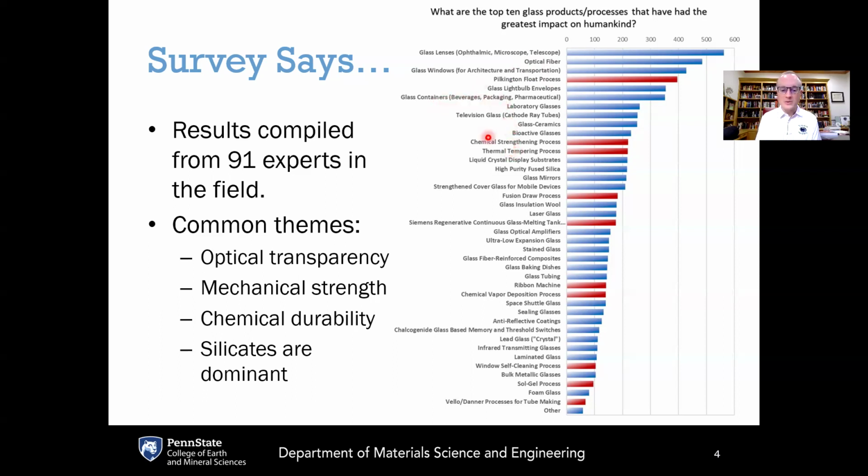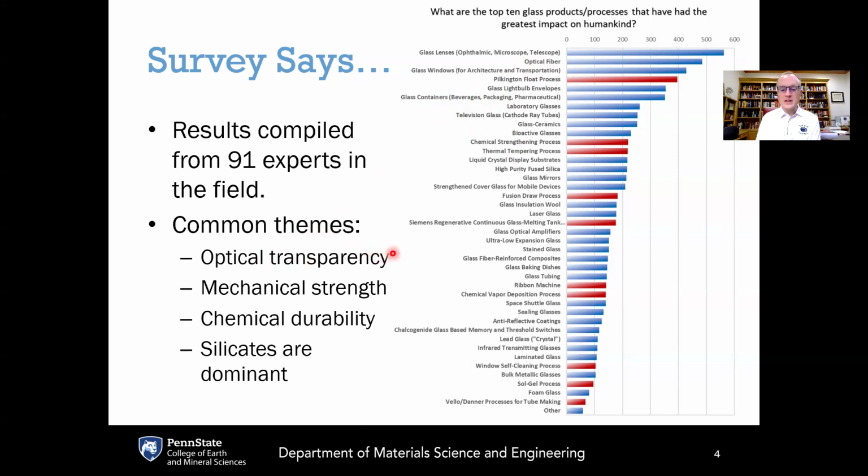So I'll let you go through this list on your own time, but it's a very long list because there have been so many ways that glass has contributed to modern civilization. And if we look across this list, there are several common themes that emerge. One is optical transparency.